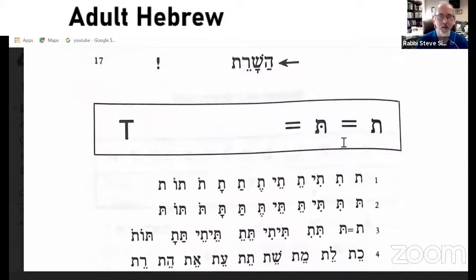So the most familiar word is Shabbos or Shabbat, mitzvah, mitzvot, mitzvahs, mitzvos. So that's this letter that happens to appear in certain words.